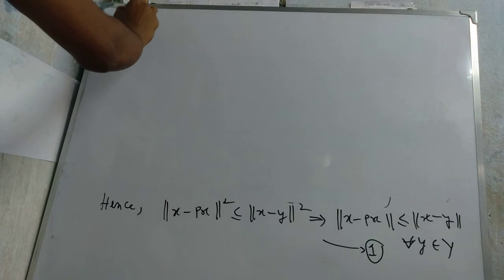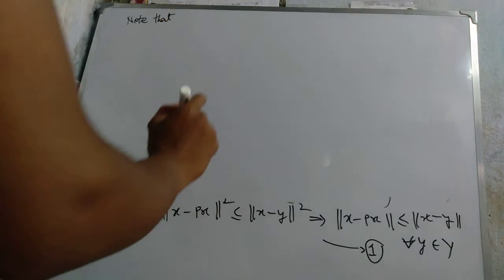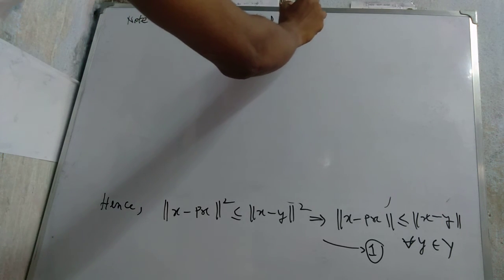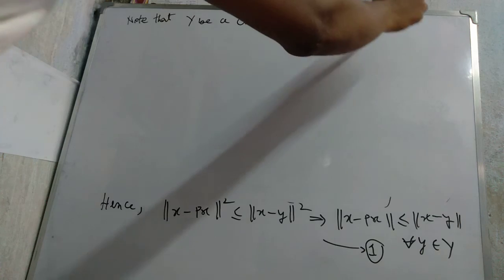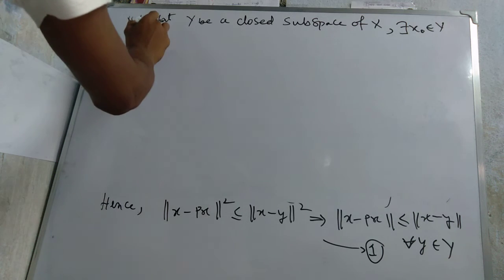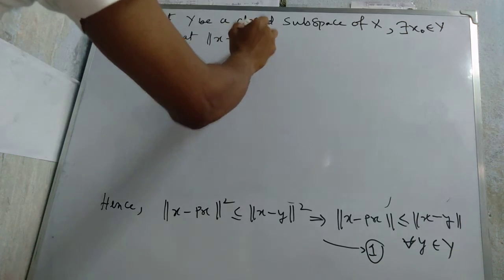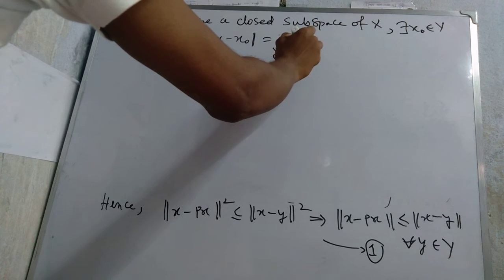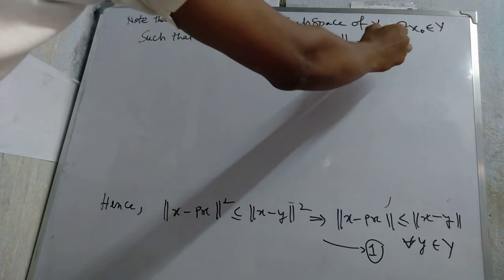Note that Y is a closed subspace of X, then there exists x0 belongs to Y such that the norm of x minus x0 equals the infimum over y belongs to Y of the norm of x minus y, equal to d.